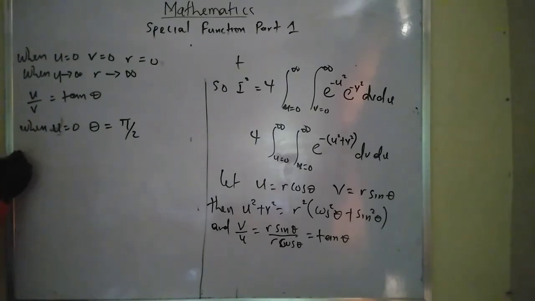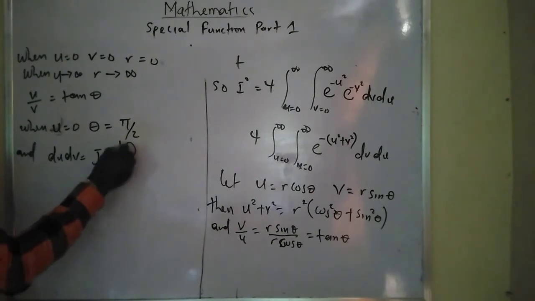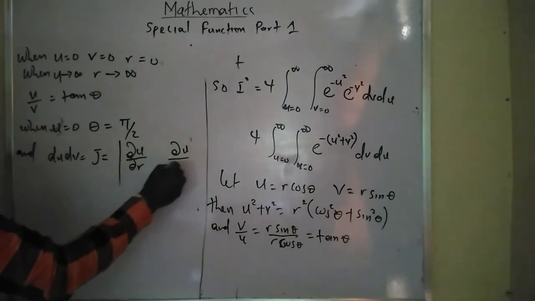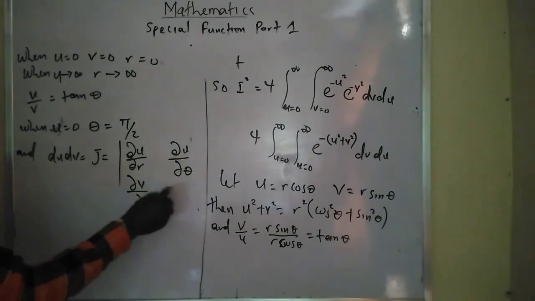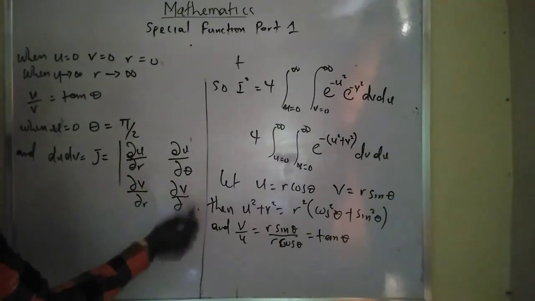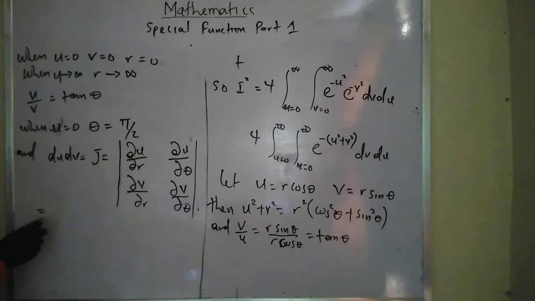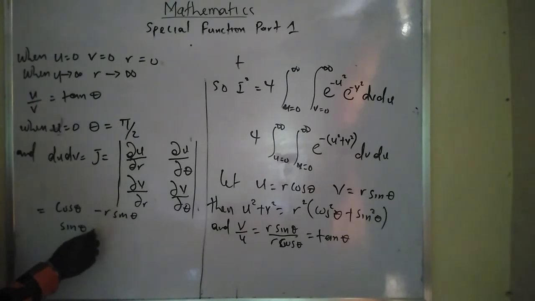Now, with the help of the Jacobian, the partial of u, v with respect to r, theta: the partial of u with respect to r is cos theta, the partial of u with respect to theta is minus r sine theta, the partial of v with respect to r is sine theta, and the partial of v with respect to theta is r cos theta.